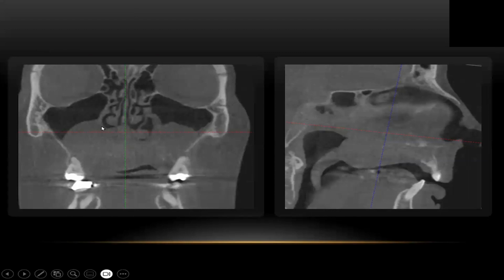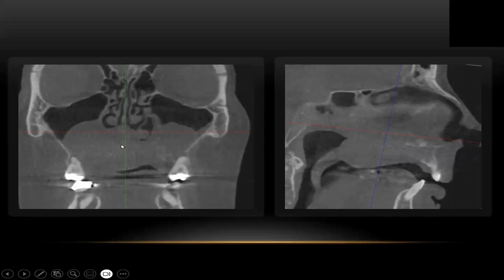This is middle turbinate, inferior turbinate, we cannot even identify it. Floor of nasal cavity, we cannot identify it. Here on the midline view, we should see hard palate. We do not observe it. It's all soft tissue density all the way into sphenoid sinus. We just have one single density.